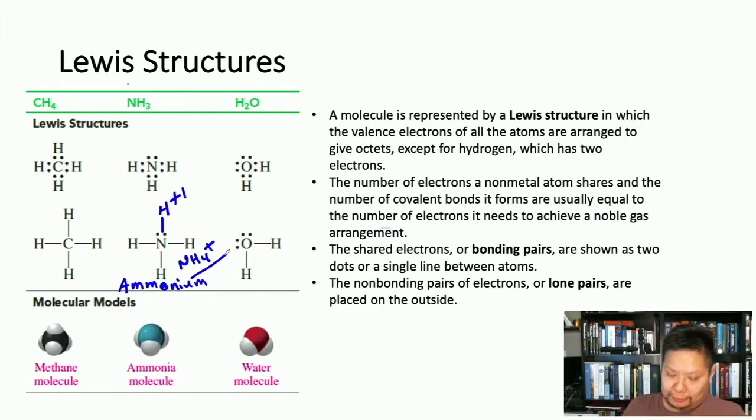That's how you make an ammonium from an ammonia. You add a proton to it, or a hydrogen. By the way, when I say proton, that's because a hydrogen has one proton, right? So that's what I mean.